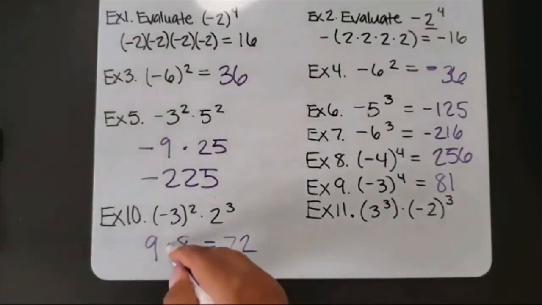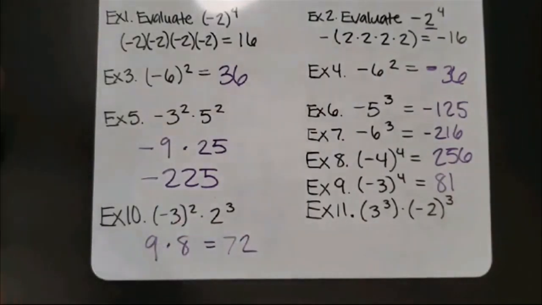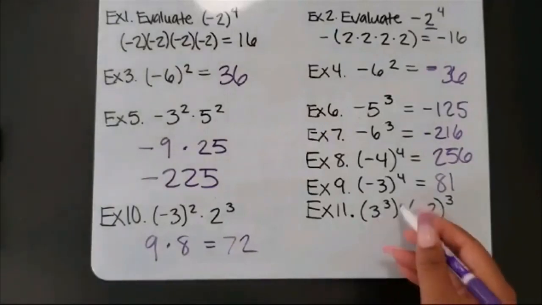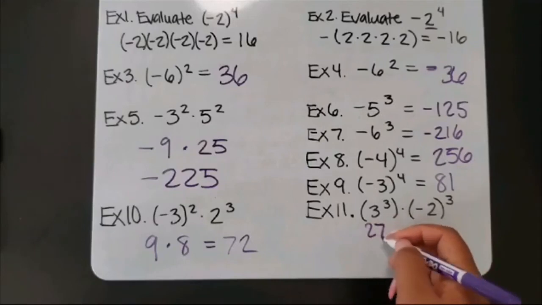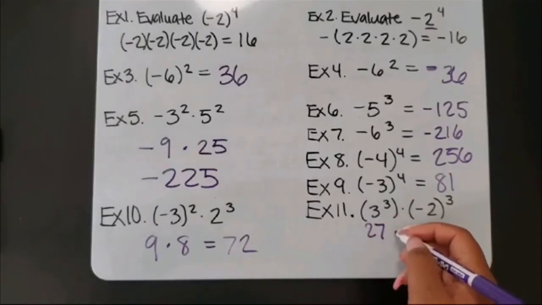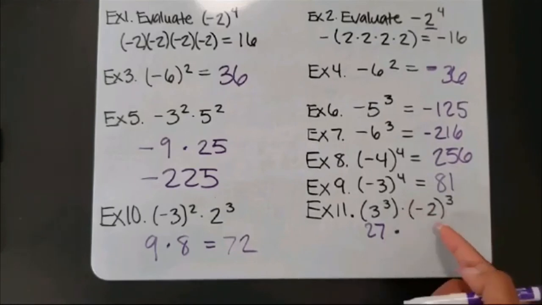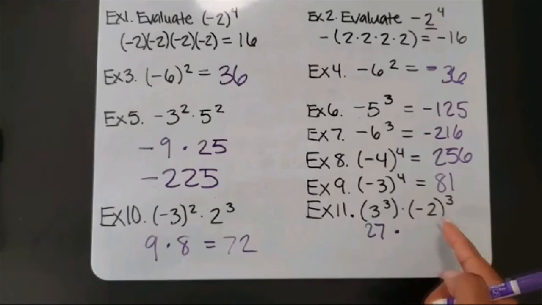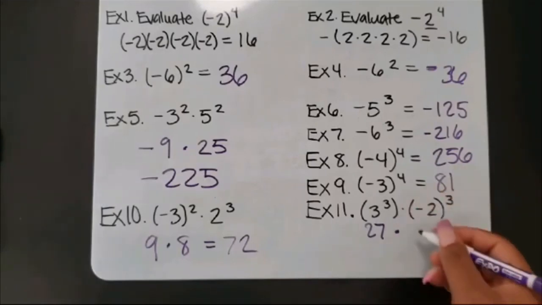So for number 11, let's work through the steps. We should have 3 cubed is 27. And keep our multiplication sign. We should have -2 cubed, which means -2 times -2 times -2.